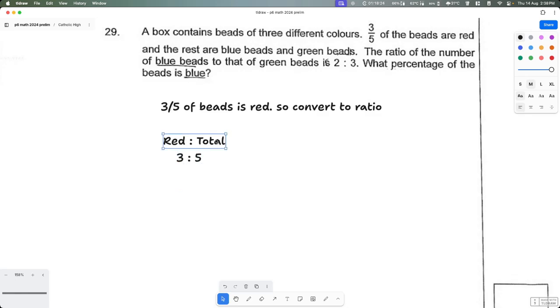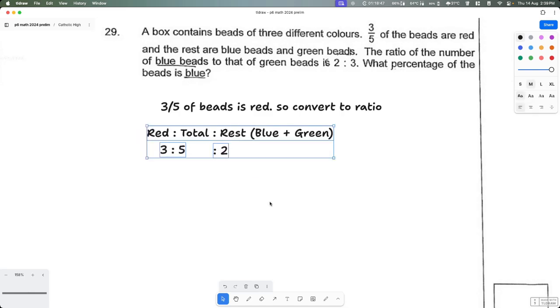That means the rest, which is basically blue plus green, is to 5 minus 3. This should be 2 over here, like this.